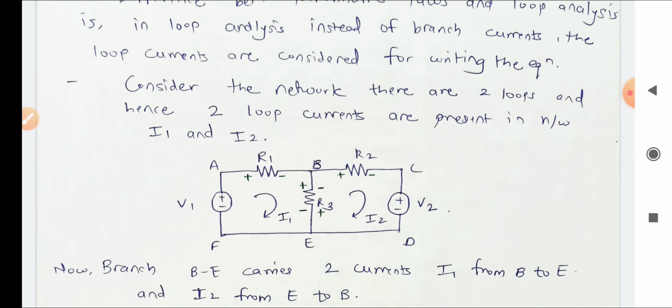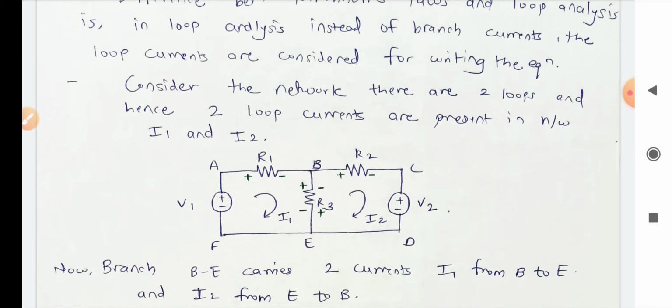So whenever we consider loop current in any network, at that time the common branches are also present in that network. So for those common branches, two or more currents are present in that branch. So at that time the total current flowing through that common branch is always the algebraic sum of the currents which are associated with that branch.